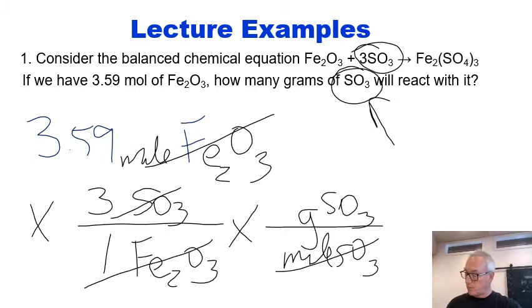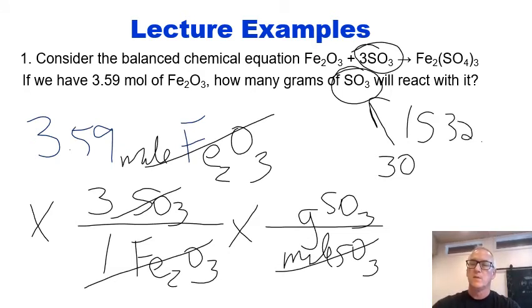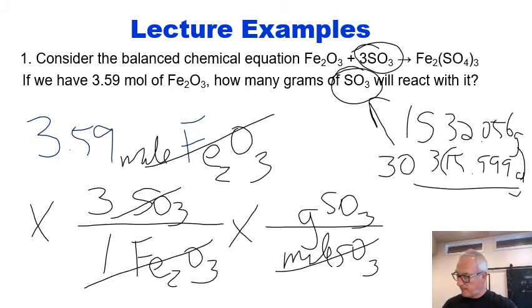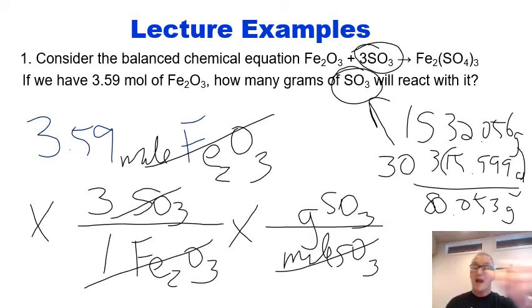So, moles of sulfur trioxide, that is 1 sulfur and 3 oxygens. 1 mole of sulfur, I look it up in my periodic table, is 32.056 grams. A mole of oxygen is 15.999 grams. I multiply that by 3, add them together, and I get a total of 80.053 grams. And you can always double check this.